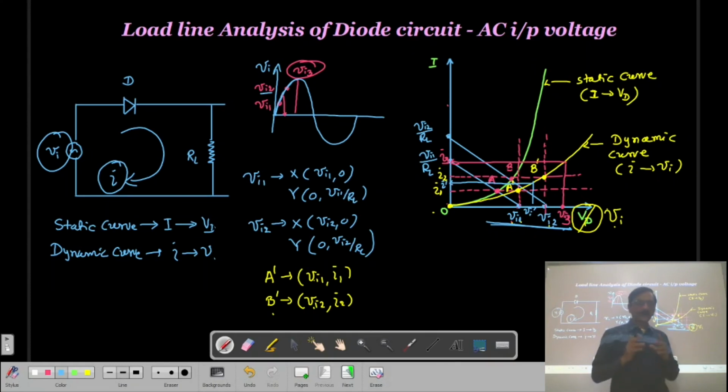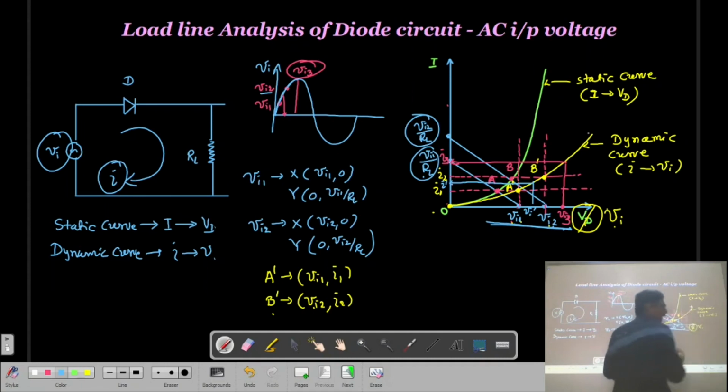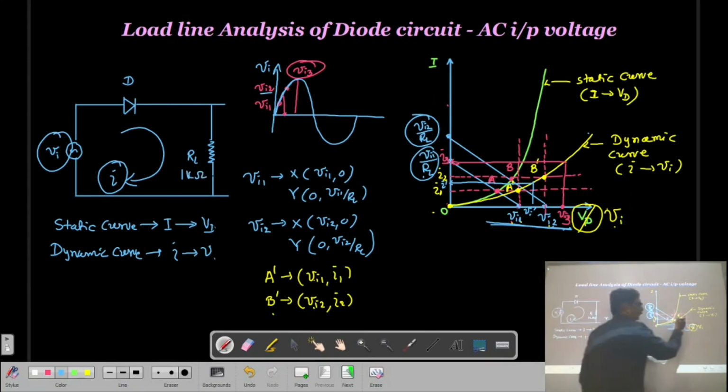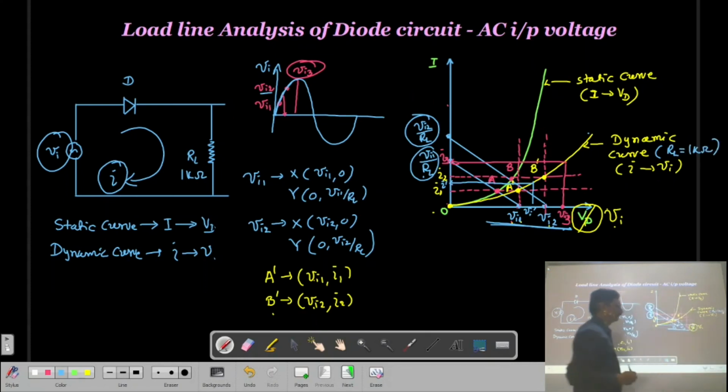Now remember, this dynamic curve will be different for different values of RL, because in whatever points we are finding, RL is also present. So this dynamic curve depends on a particular value of RL. Suppose my RL here is 1 kilo ohm, then I have to write dynamic curve for RL equal to 1 kilo.